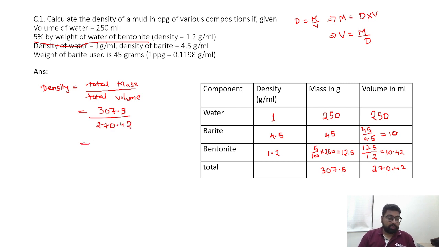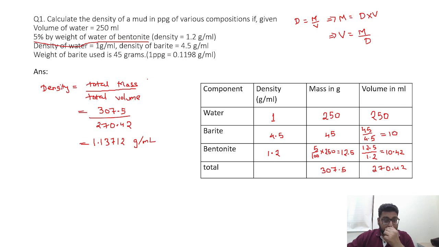If you do the division, 307.5 divided by 270.42, you get the value. Let us write it as accurately as possible: 1.13712 grams per ml.